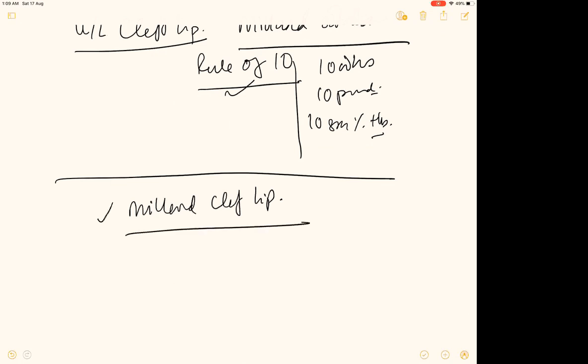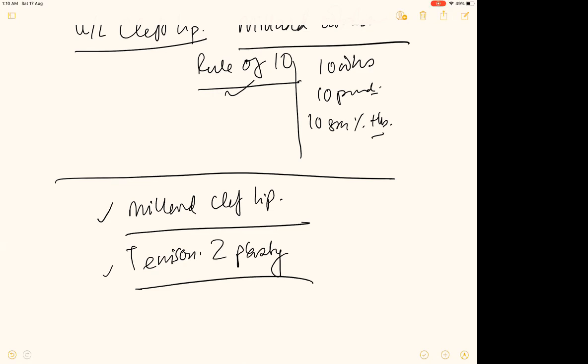This Millard's cleft lip has another competitor called the Tennison Z plasty. So these are basically the surgical procedures that are done. Nothing that great to be spoken about.